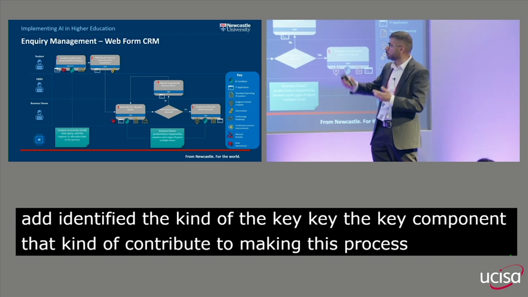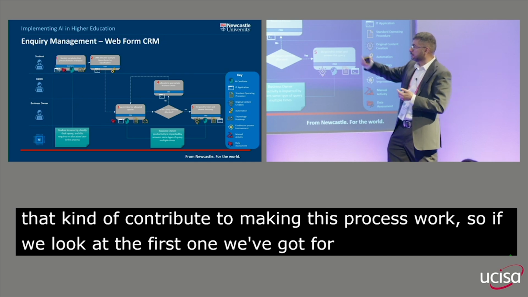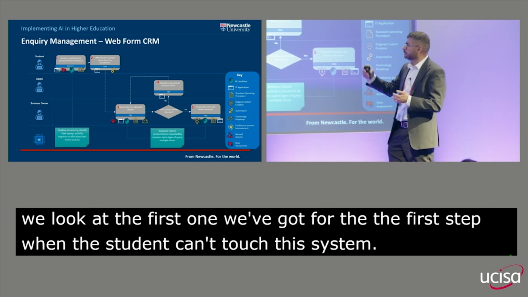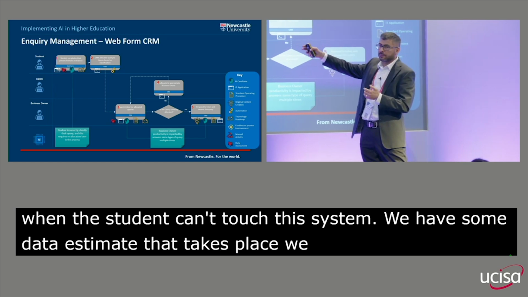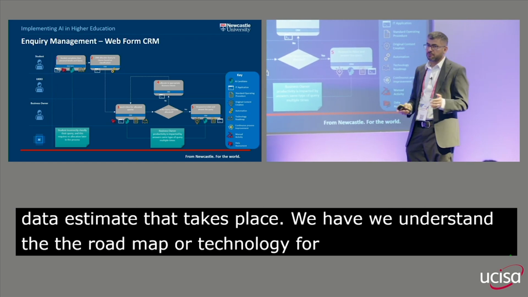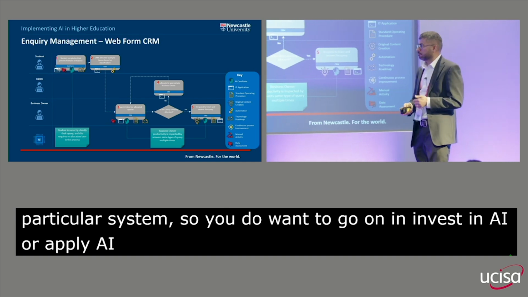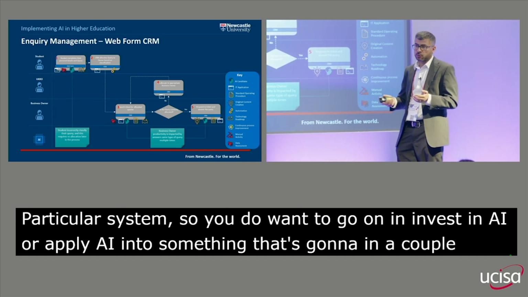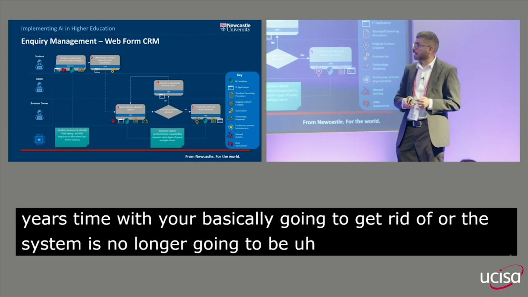If we look at the first step, when the student gets in touch, there's a system. We have some data assessment that takes place. We understand the roadmap or technology for this particular system. You don't want to invest in AI or apply AI to something that, in a couple of years' time, the university is going to get rid of, or the system is no longer going to be part of the IT landscape.